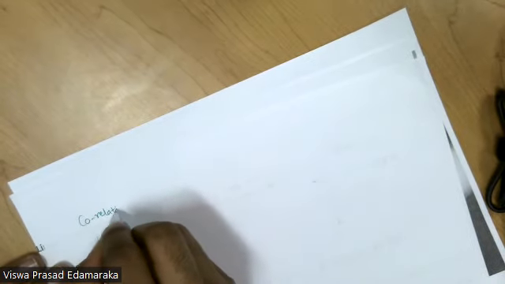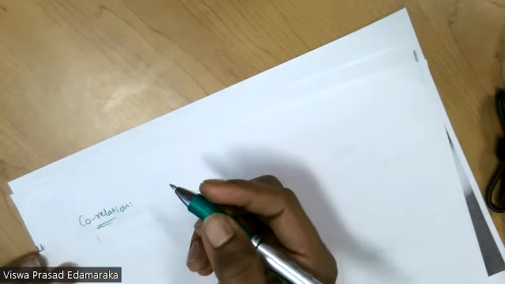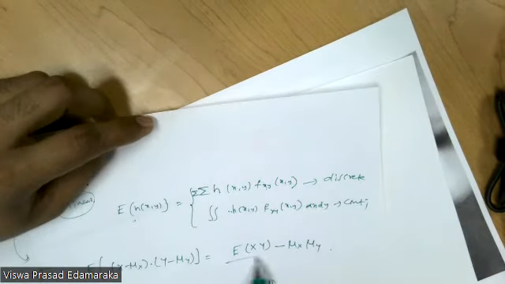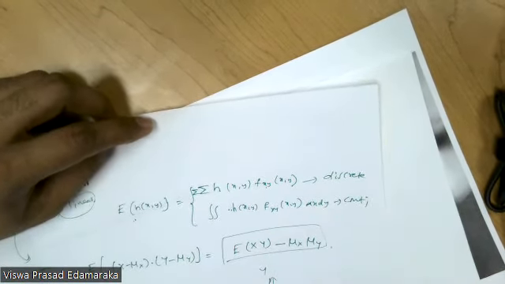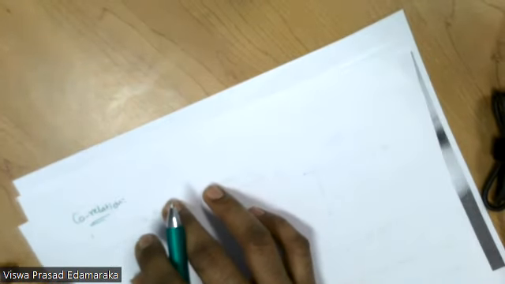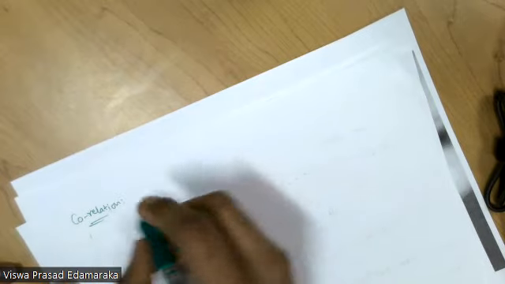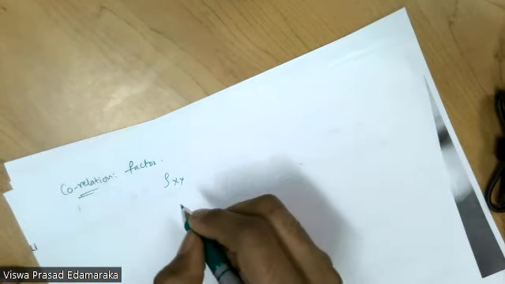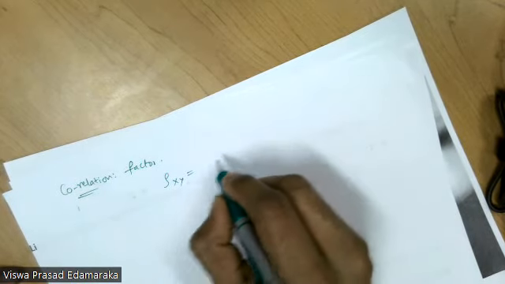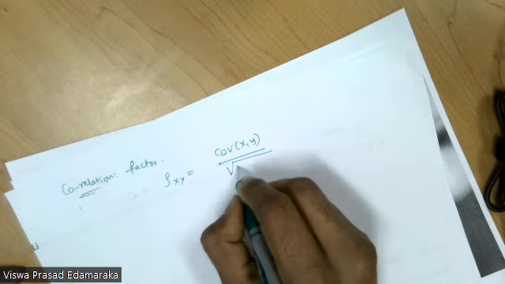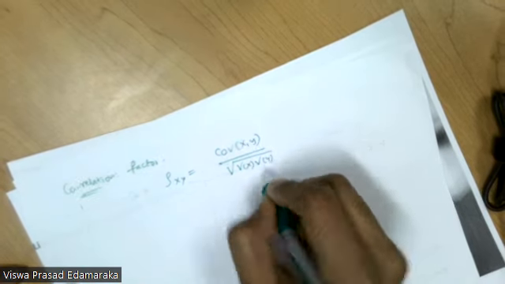What is correlation? We have seen covariance. Covariance is sigma xy, with the formula E of xy minus mu x mu y. Correlation is a factor, denoted rho xy, which is the covariance of x and y divided by the root of variance of x times variance of y.